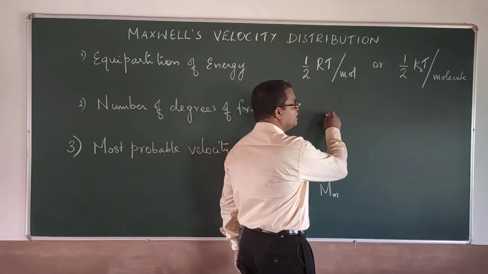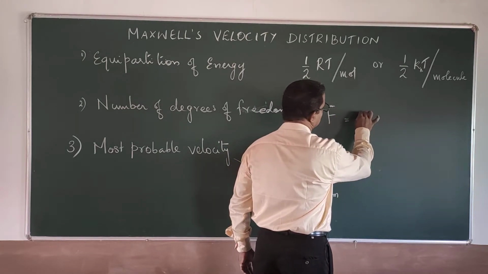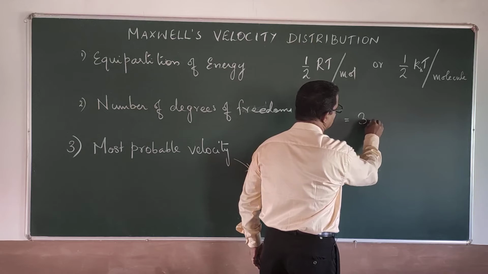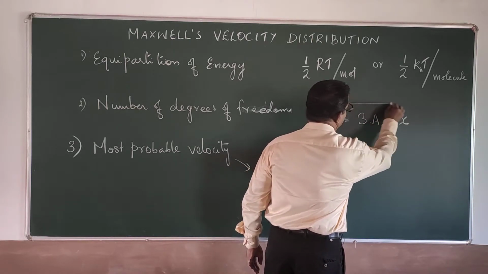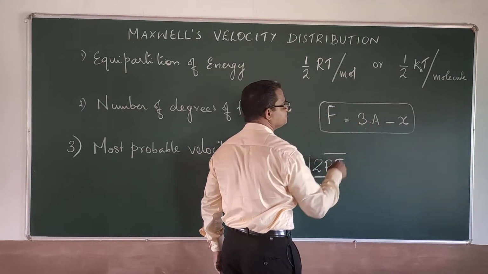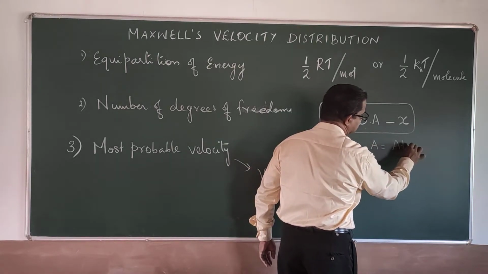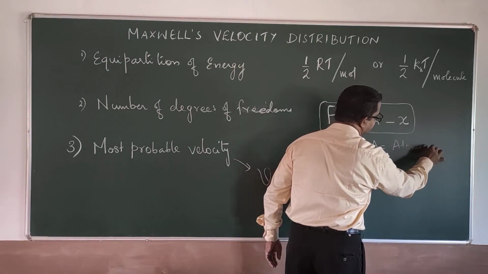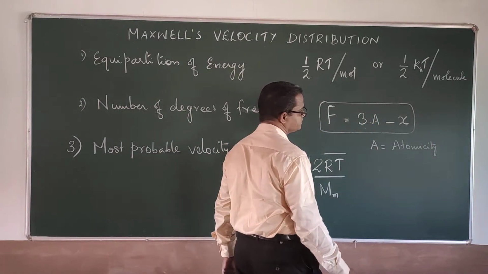That is, number of degrees of freedom F will be equal to 3A minus X, a simple mathematical formulation, where A is called the atomicity of the gas.